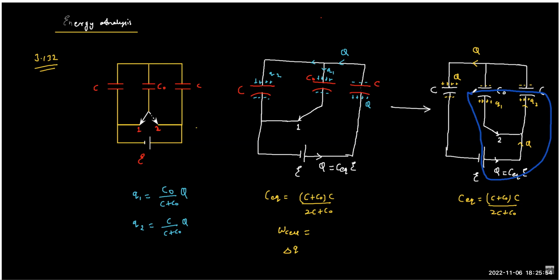And you can easily calculate the net charge on these two plates in the previous situation. So in the previous situation, what is the net charge on these two plates?